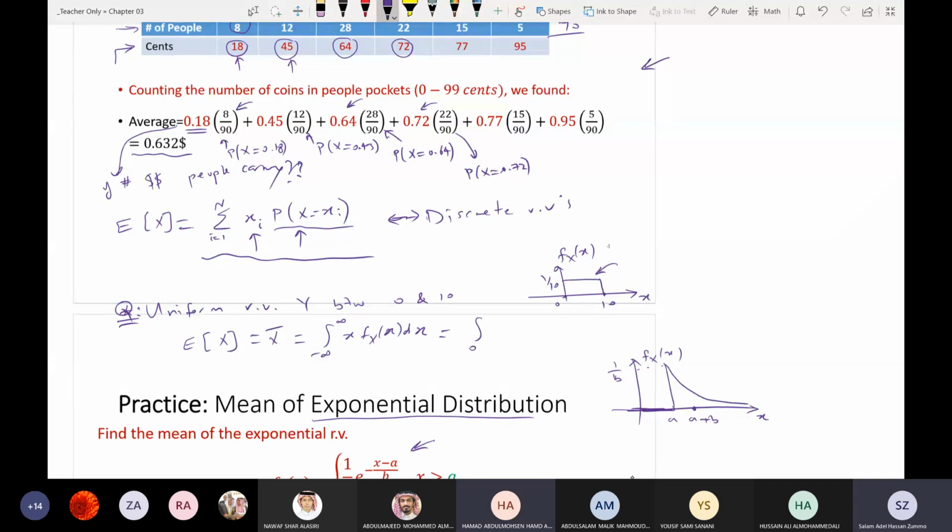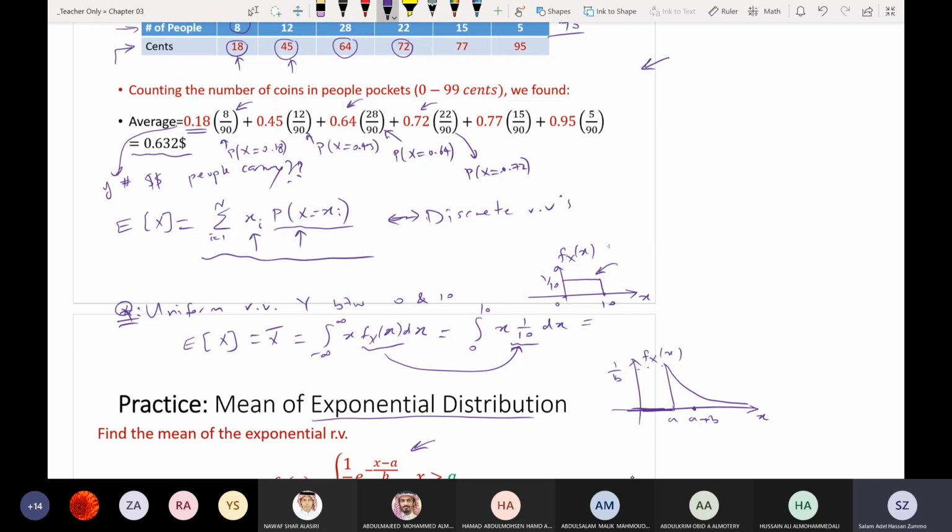From 0 to 10. Yes. And what is the value of the PDF? 1 over 10, this is the PDF, and then multiply by x. So the PDF is 1 over 10, which is constant, so you can take it out.